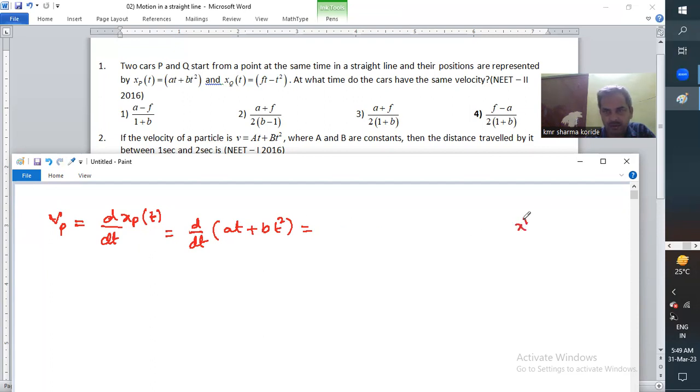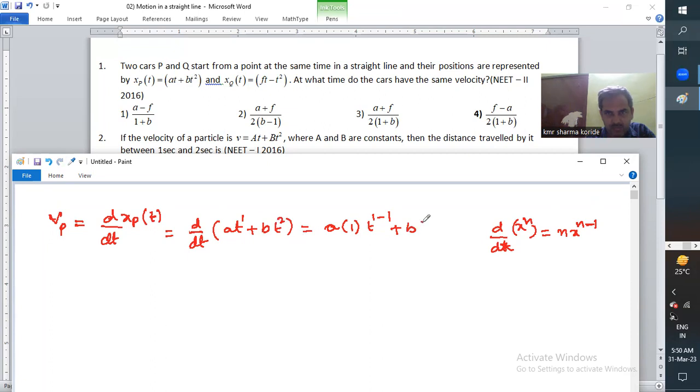Differentiation is d by dx of x to the power of n is n into x to the power of n minus 1. Similarly, now in place of x you have t. So therefore, you have power 1. So this is going to be a into 1 t to the power of 1 minus 1 plus b is constant anyhow.